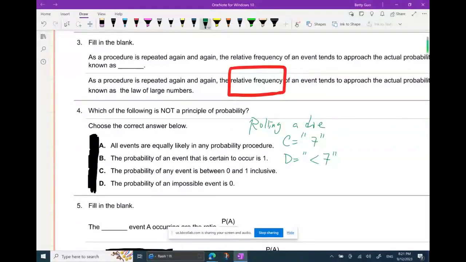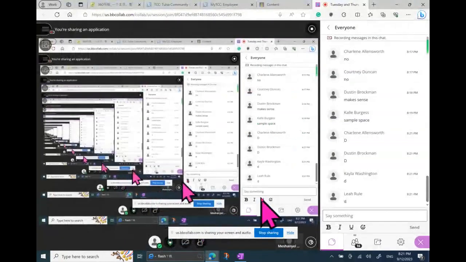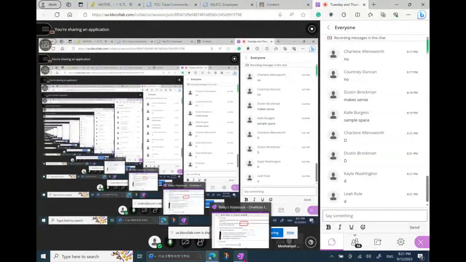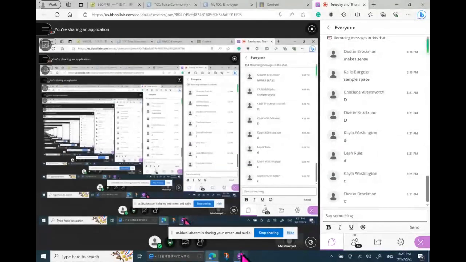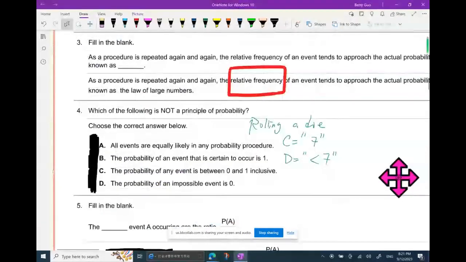Which one is certain to occur? D, yes. Which one is not possible to occur? C. Yes, thank you. Those are two special types of events.